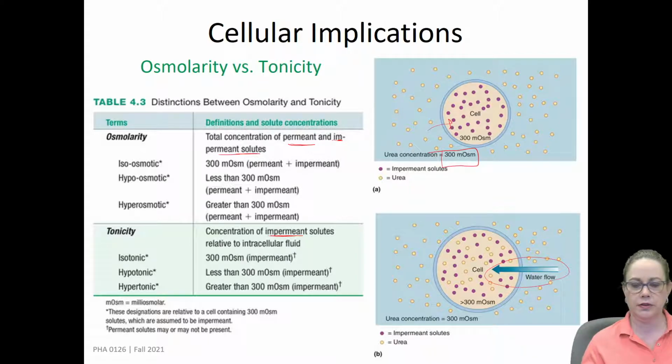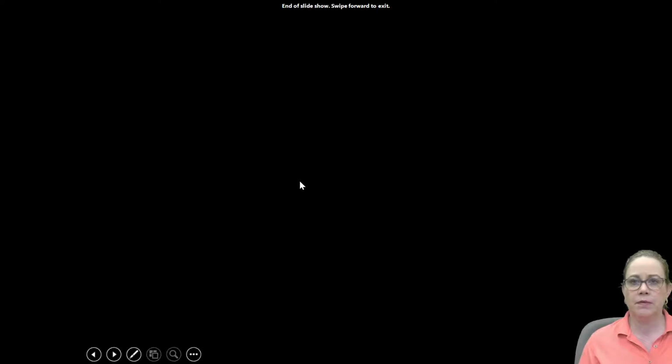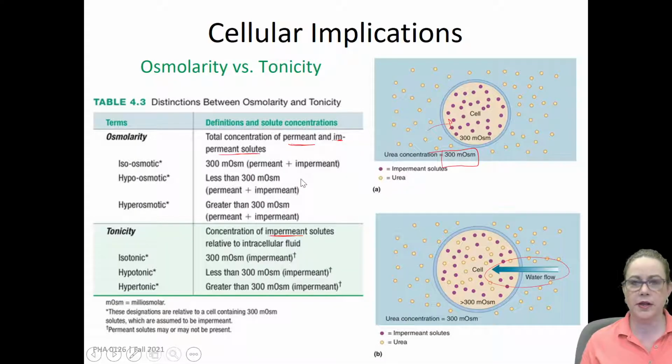I'm just going to have you be able to tell me whether or not our cell volume is going to be affected by changes in concentrations, and look at our earlier calculations where we were calculating something to have the same osmolarity. So that's going to wrap up this topic, and I hope that was helpful for you.